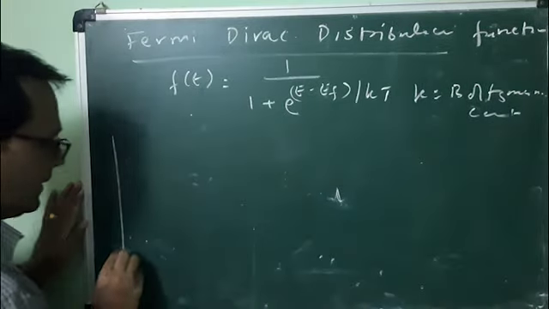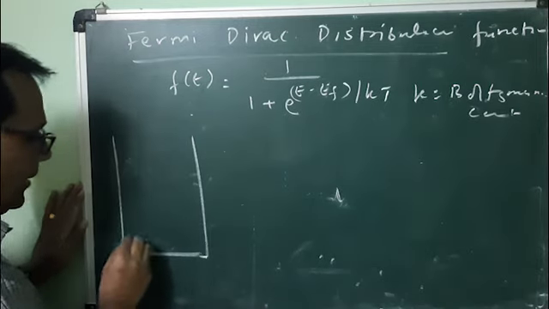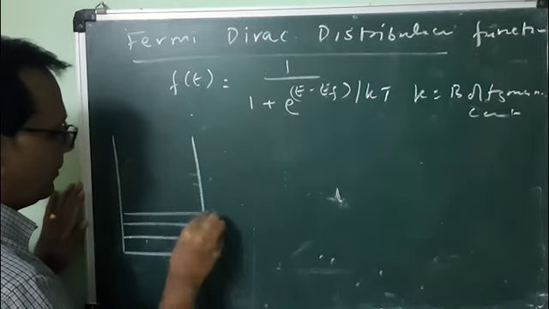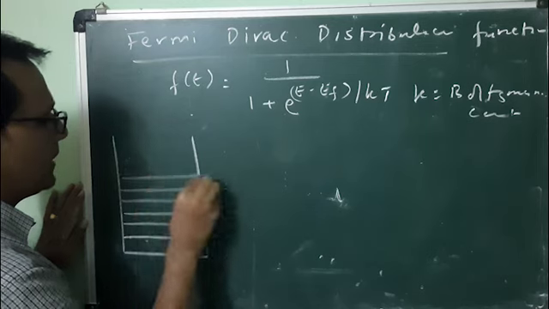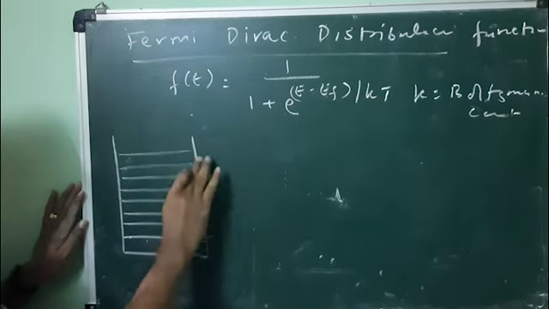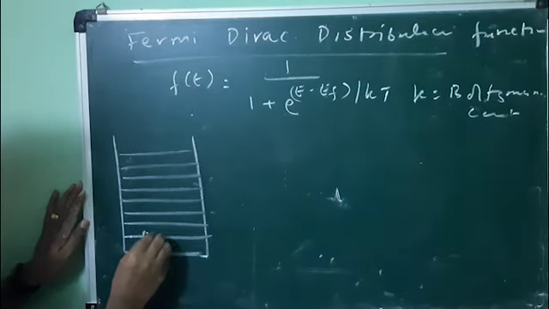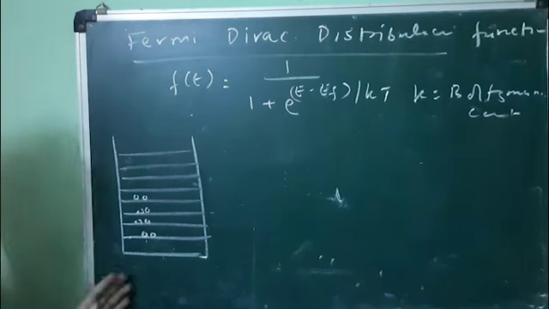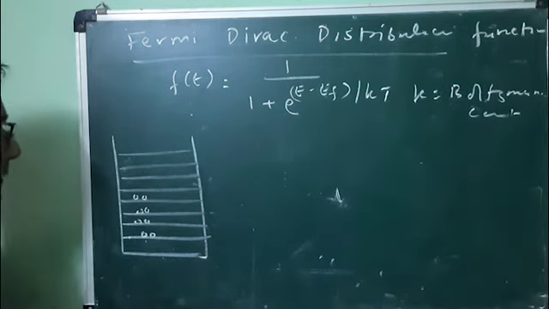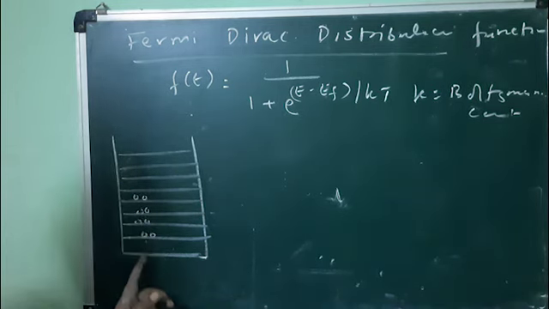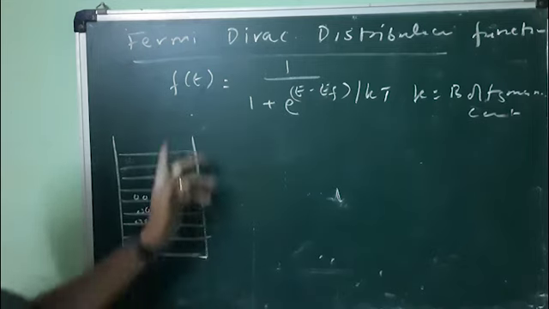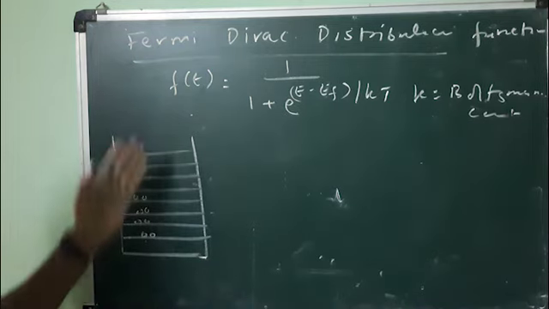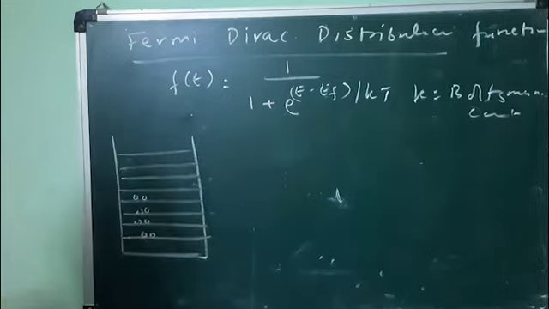So this is the quantum well, and we have different energy levels. In each energy level there are 2 electrons, so these levels are occupied by 2 electrons by using Pauli's exclusion principle. How these electrons are distributed at a particular energy level at a particular temperature is given by the Fermi-Dirac distribution function.